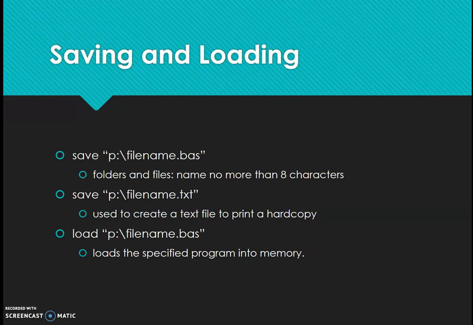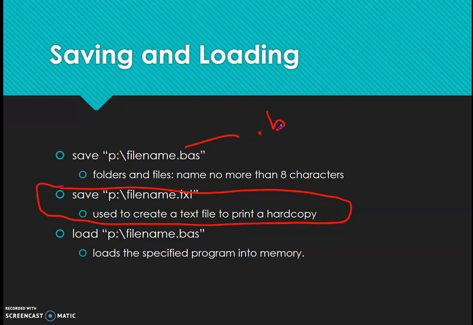We also need to be able to save our program. We can save our program in a couple of different ways. We will specifically work in this environment here. This will create a .bas, which is no longer editable. I won't be able to change what's going on in the program.